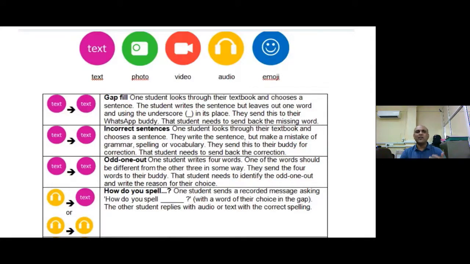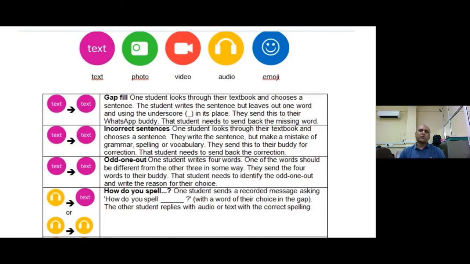This activity uses text, photo, video, audio, and emojis, all of them for language teaching. The first activity is text and text. Gap filling. A very common fill-in-the-blank is an exercise for assessment that we've been using. How about using it in the way prescribed here?